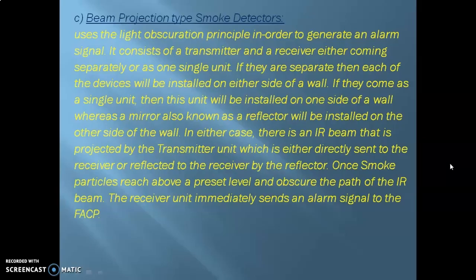So basically, what these smoke detectors have is a transmitter and receiver unit, which is either separate or one unit, and then you have a reflector that will be placed on two separate walls. The transmitter and the receiver will be placed on one wall, whereas the reflector or the mirror will be placed directly in front of it on the opposite wall.